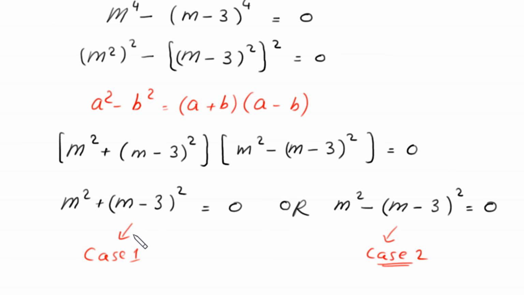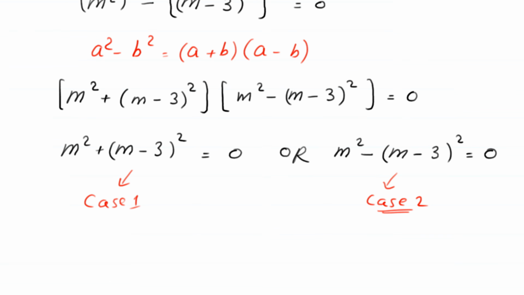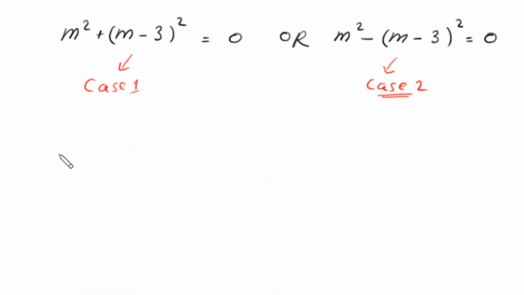First we solve this case 1. Case 1 is m^2 + (m - 3)^2 is equal to 0.